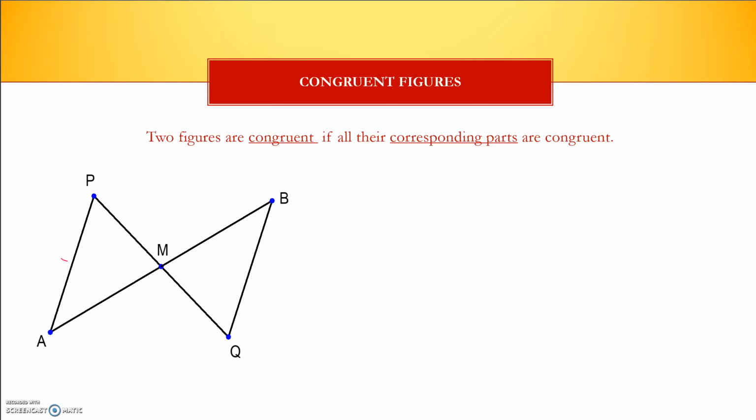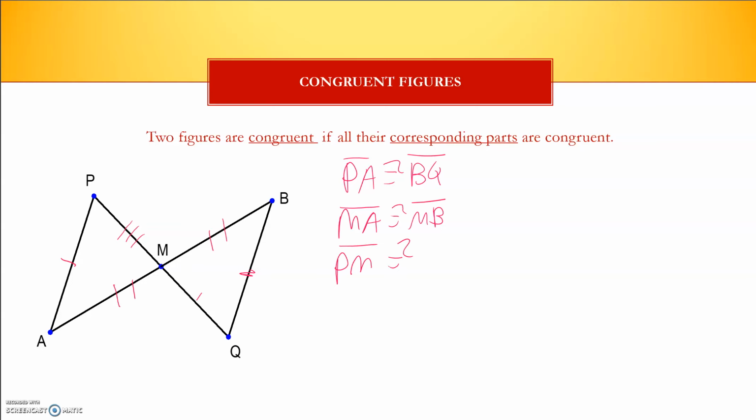Let's say that we know that PA is congruent to BQ. And let's say that we know that MA is congruent to MB. And then let's say that we know that PM is congruent to QM.